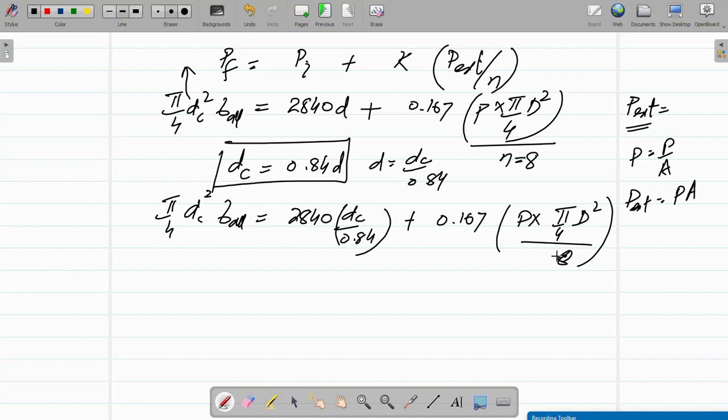This is the equation. From that equation, now we put the values. Pi by 4 DC square is not known. Sigma allowable in standard units is 200. So 200 into 10 to the power 6 is equal to 2840.